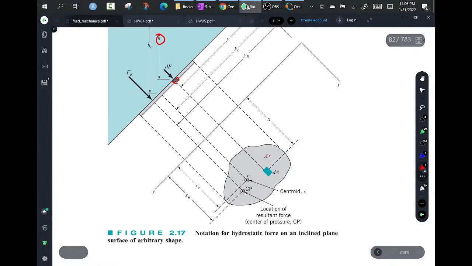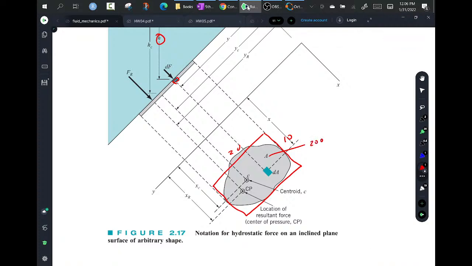So you know what the area is. I mean, say you knew that area. It's an odd looking shape, but we can make it normal. We can make it 10 by 20. So you know now the area is 20 by 10, or 200. Now the centroid of that would be right there.